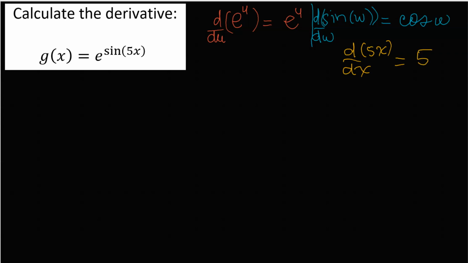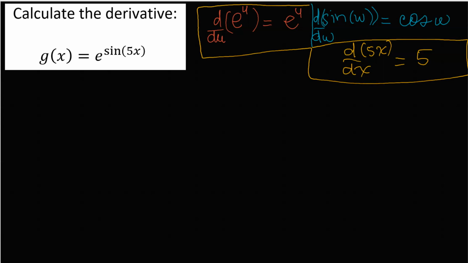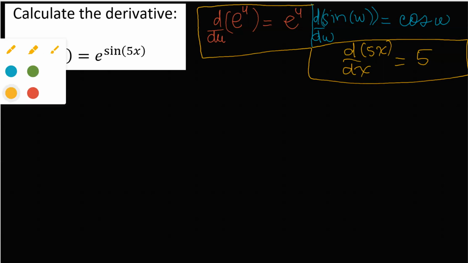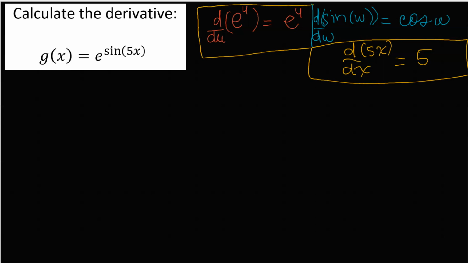So with these three things going on, we can now apply the chain rule to take the derivative of g of x. And the chain rule said the derivative of a composite function is the derivative of the outside function evaluated at the inside function multiplied by the derivative of the inside function.